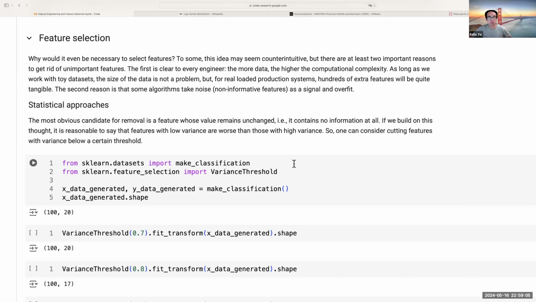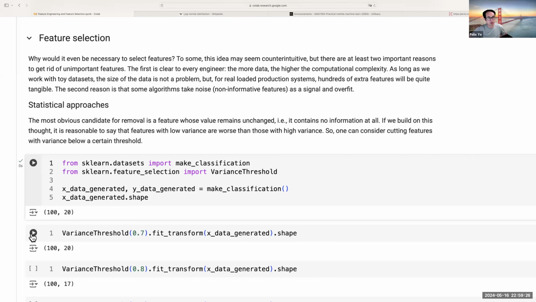It is reasonable to say that features with low variance are generally worse than those with high variance. So we can consider cutting the features with variance below a certain threshold. This is a very common way of thinking.